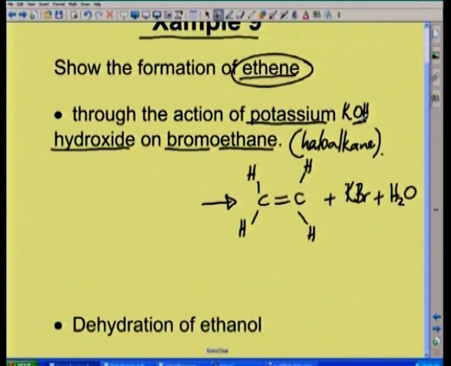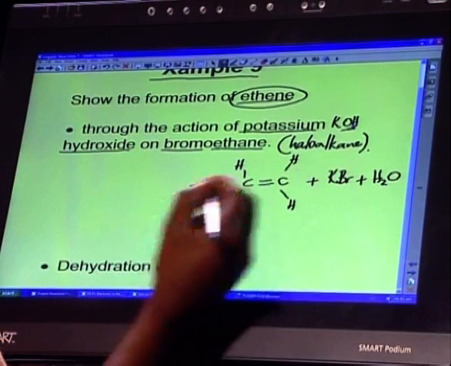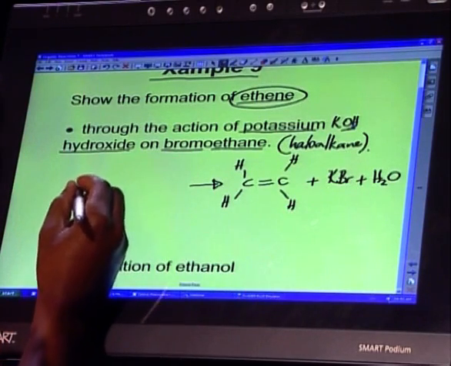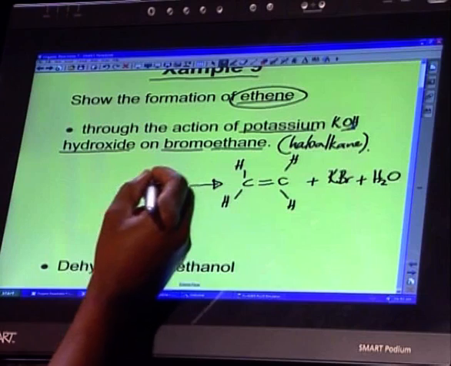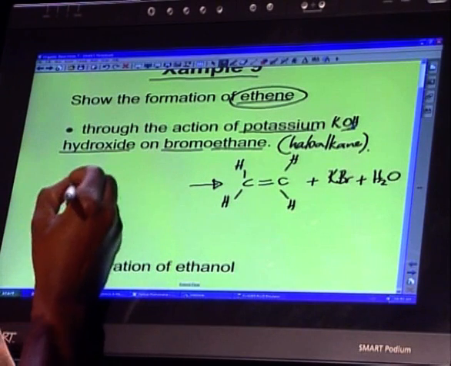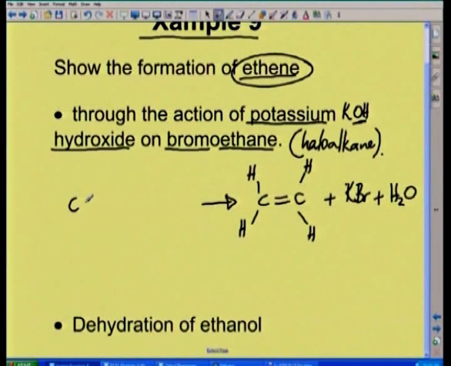All right? Now, this side, what would I have started with if I've got that? I must have started with something like, so that's ethene. I would have started with bromoethane.